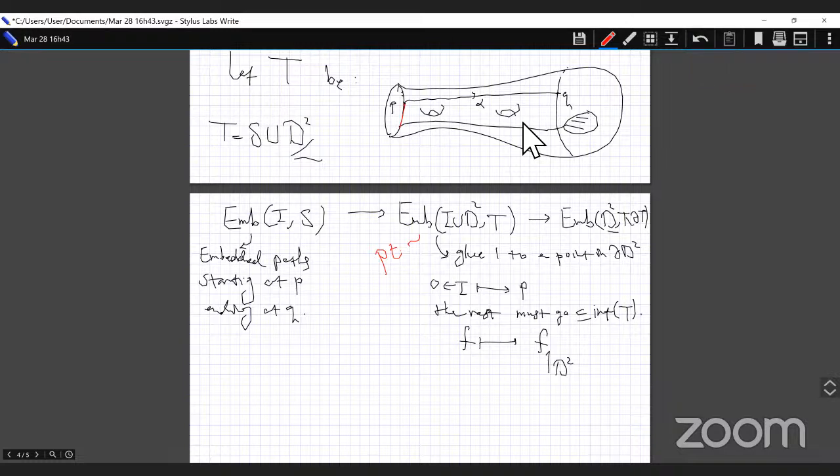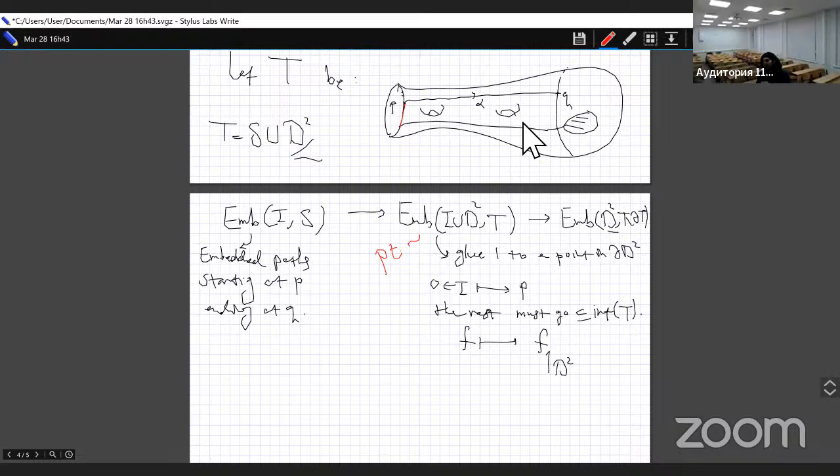I mean, you feel like you could just shrink the disk down to, well, you can't shrink it quite to a single point, but. Not to a single point. The argument I had in my mind was, if you consider any fixed embedding, then you can shrink every other embedding to that thing. Okay. Let's assume that the space in the middle is contractible.